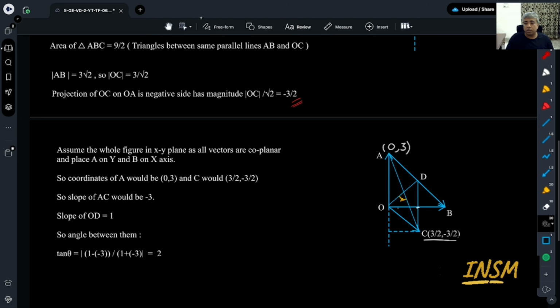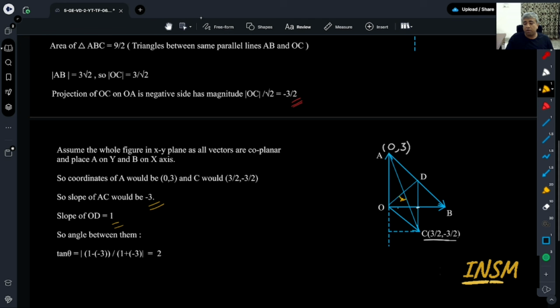The coordinates of C are 3 by 2 and minus 3 by 2, and the slope of OD will be 1.